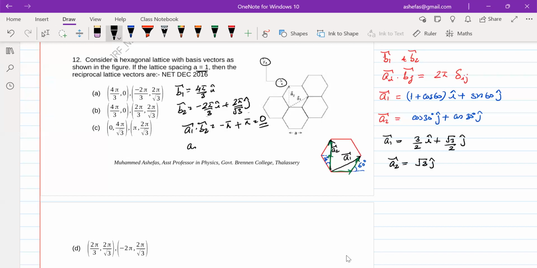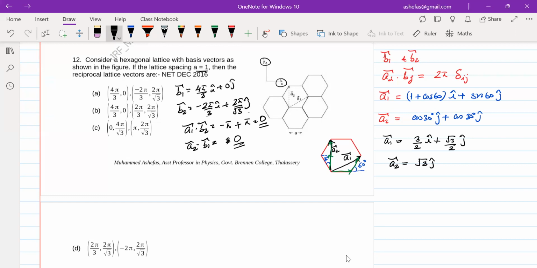And then we have to check a2 dot b1. A2 is this, b1 is 4 pi by 3 i. There is no j quantity, it is plus 0 j. A2 has only a j component, so a2 dot b1 is also 0.